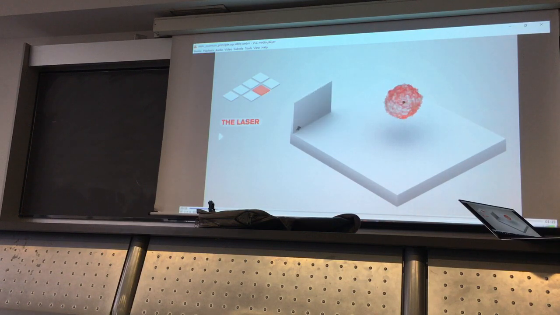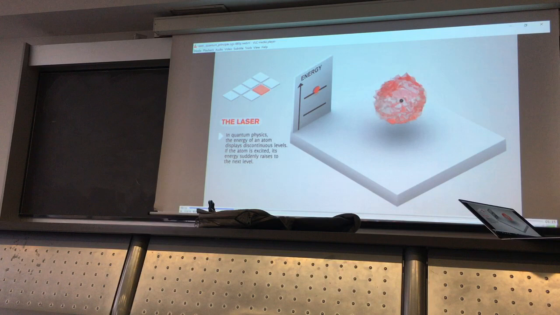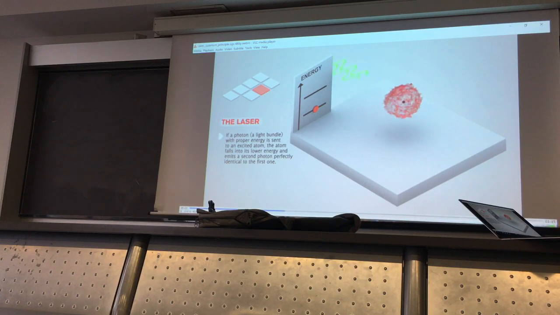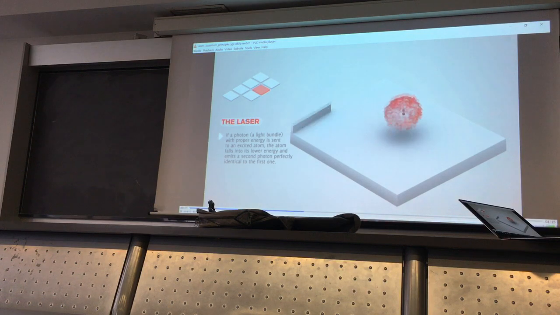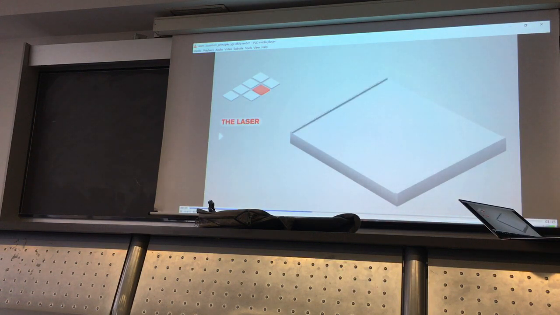So this is how a laser works. It's a black body. You see, it emits a lot of energy. This is synchronized, so all the signals are emitted with the same time reference.